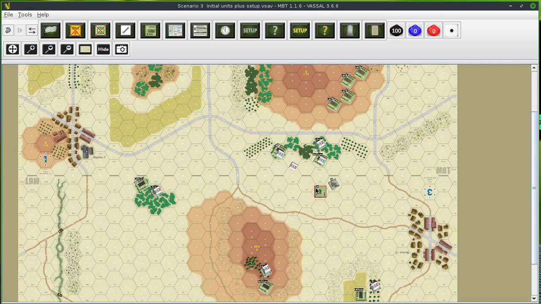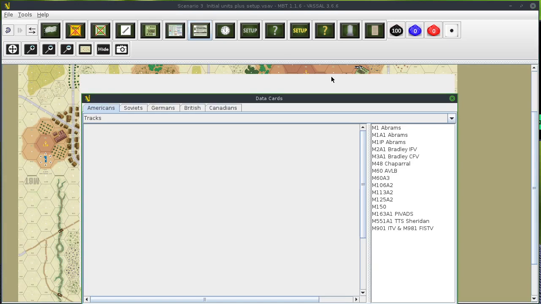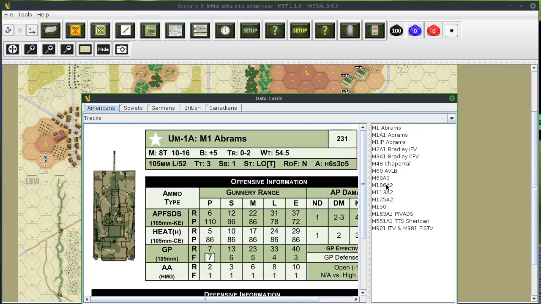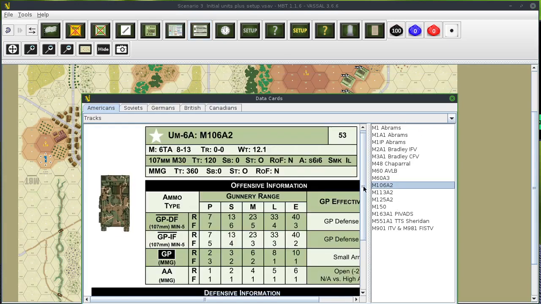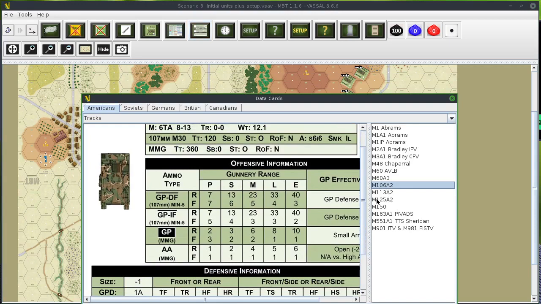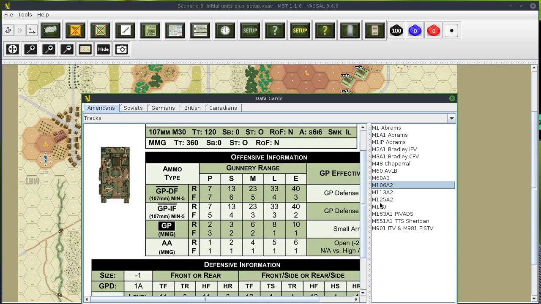And this unit right here, the M106A2. Let's see what armament the M106A2 has. So M106A2, they can do indirect fire, which is interesting, as well as direct fire. And it's mainly GP, general purpose ammunition.